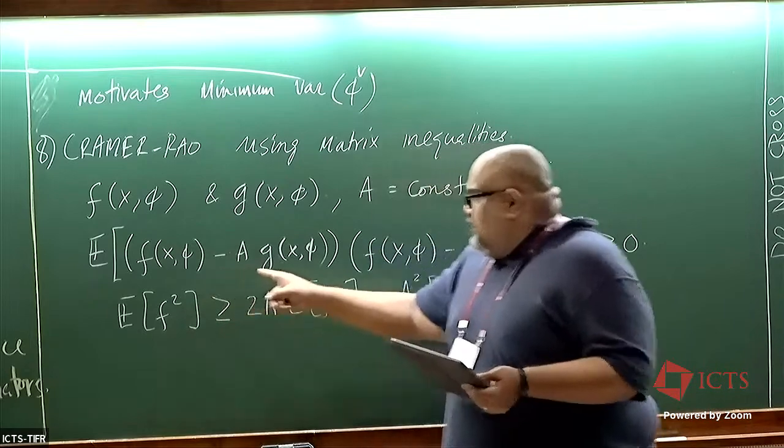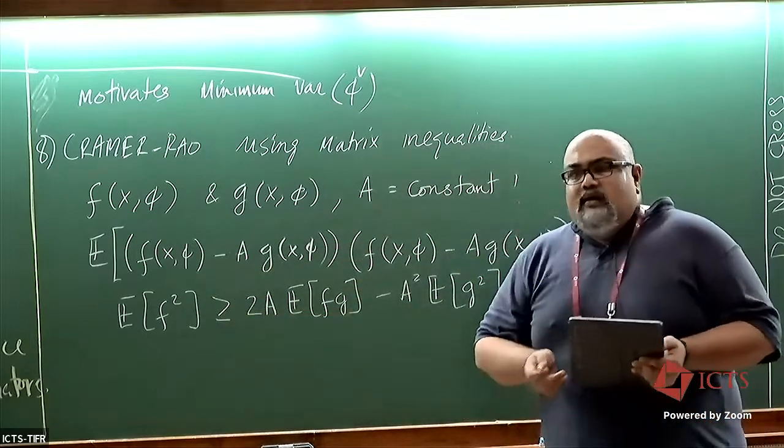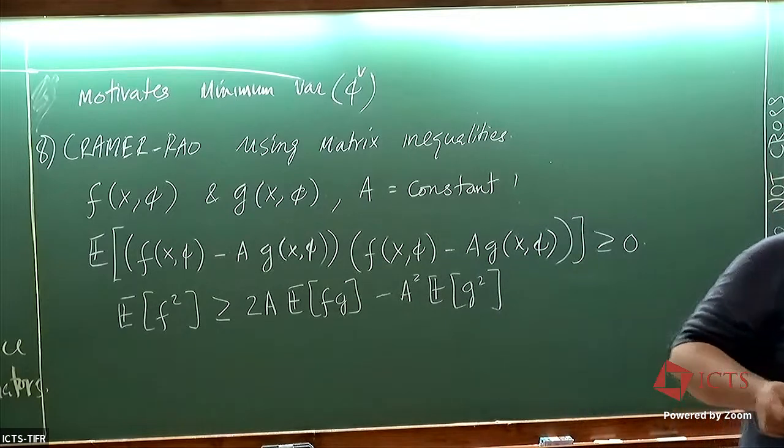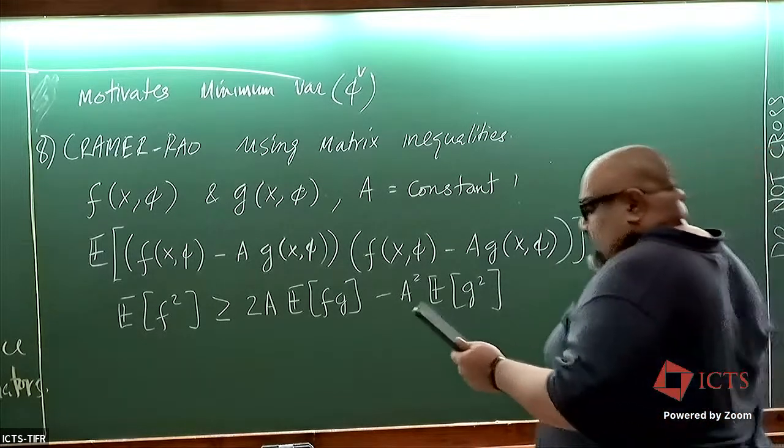All I've done here is expand this out and rearrange, and you can see there's an a and an a squared. Nothing spectacular, right? On the same page? And now I make a judicious choice.